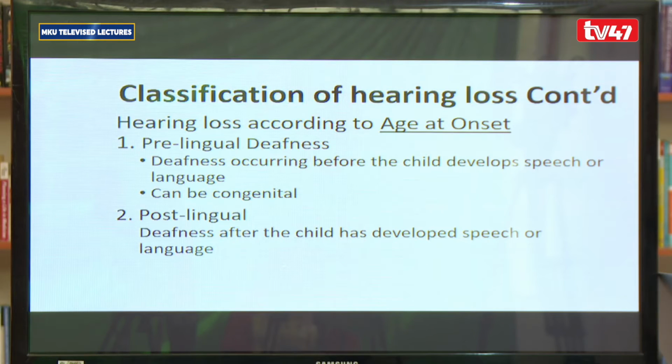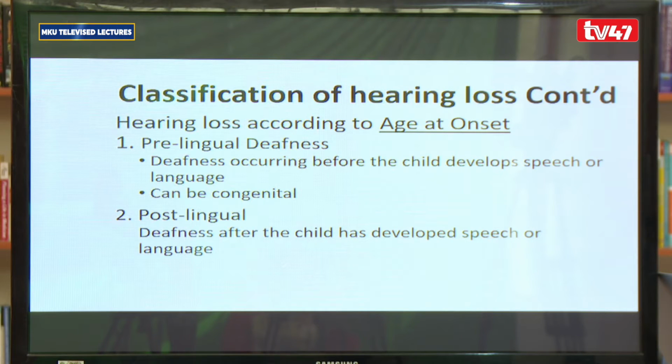That's prelingual. And it's very different from one who loses hearing after they have acquired language, which is the second category that we refer to as postlingual. For those who are able to speak, it's very easy for them because they can tell sounds, they can tell words, and when they look at you, they will be able to tell what you're saying, and they'll also be able to understand what they read.